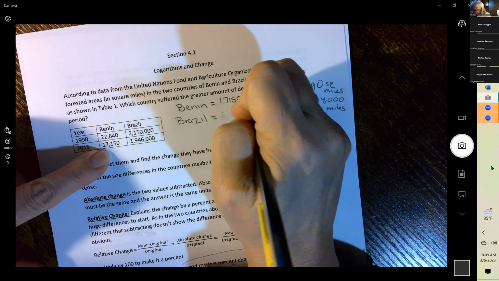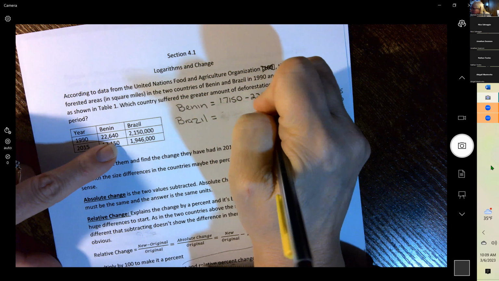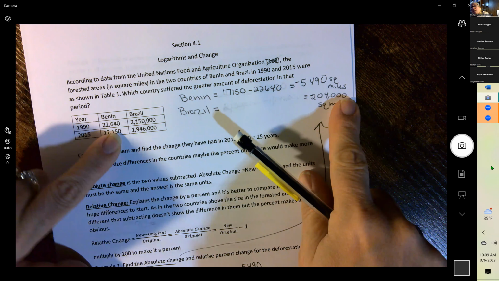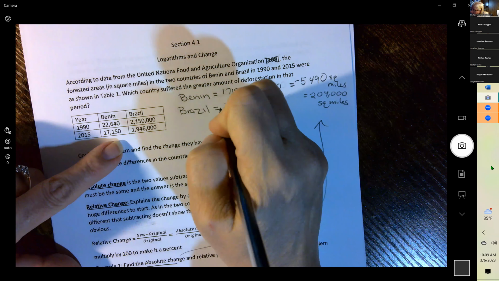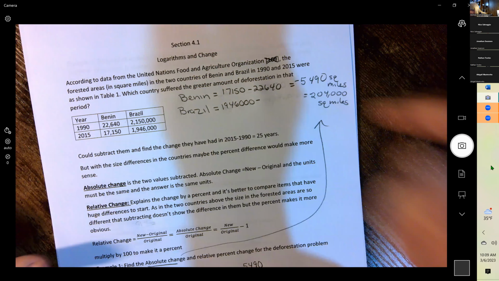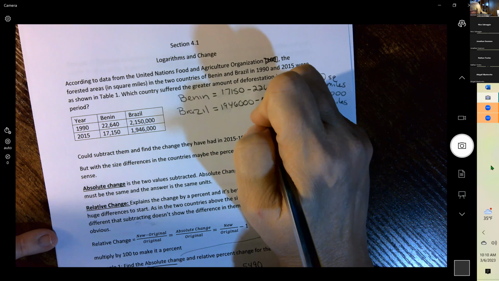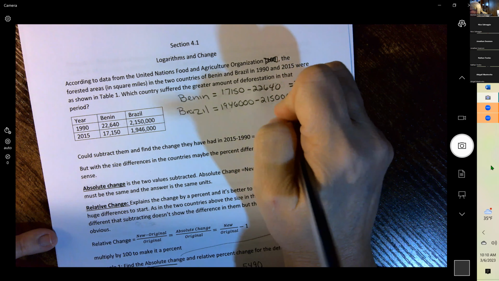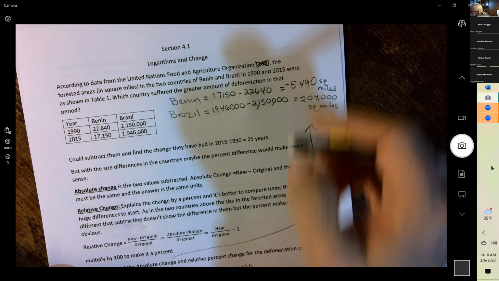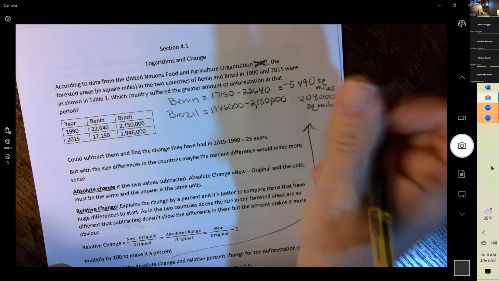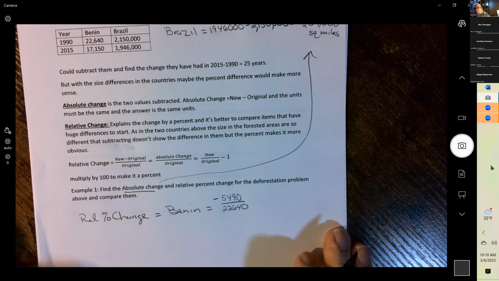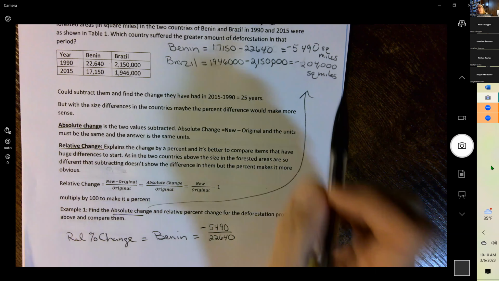The reason you go the opposite way is because this negative means a decrease in the number of forests. In my calculator, I always do larger minus smaller. I just know it's supposed to be negative. Either way, you're getting the same answer, but it should be a negative because you're losing forest. So these should be negative.